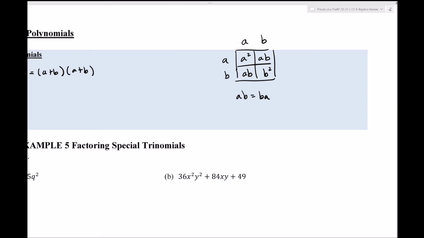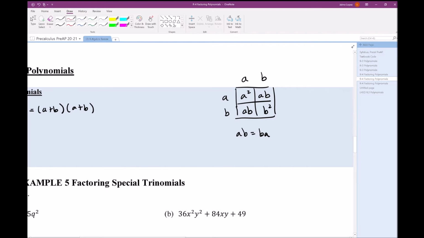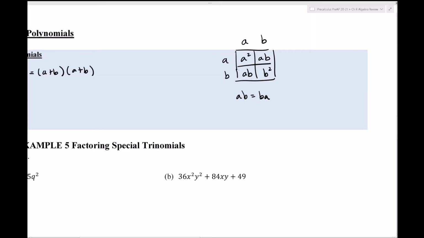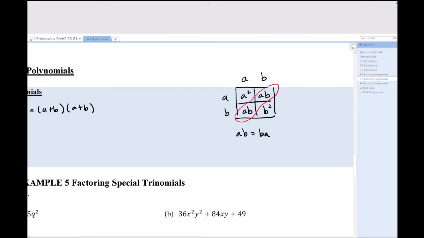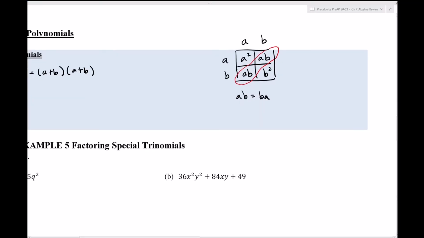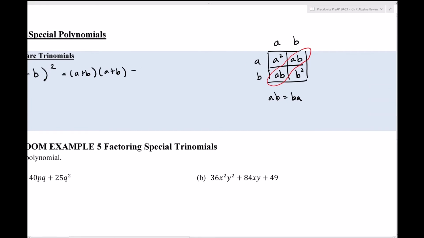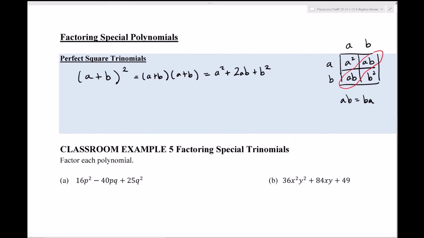So then, if we did this properly and there were no missing terms, diagonals should match. They're like terms. So I have two ABs. And if I write this all the way out, this ends up being A squared plus 2AB plus B squared. And that's the perfect square trinomial formula.